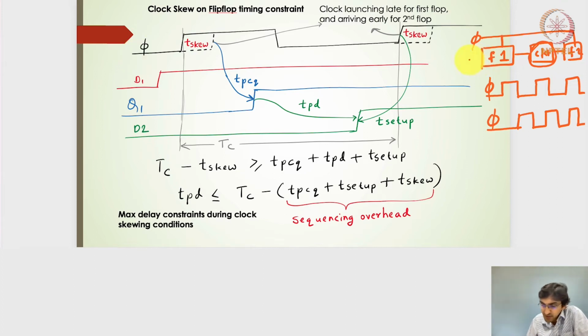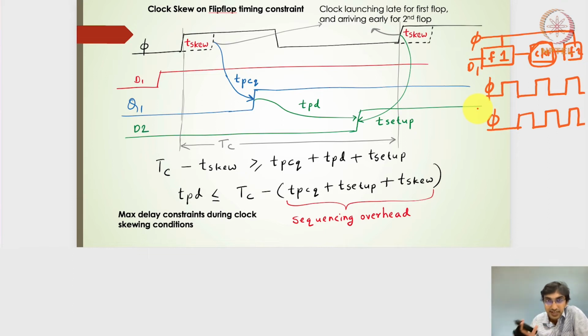So in this sequence, flop 1 goes to combinatorial circuit number 1 and then to flop number 2. This is the clock signal, and we have the input to flop number 1. The output of flop number 1 goes to the combinatorial circuit, and then the output of the combinatorial circuit is fed to flop number 2.